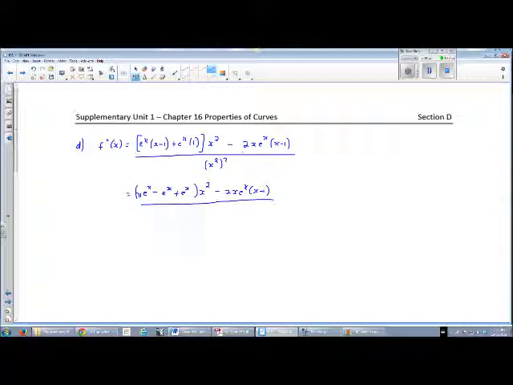And negative e to the x plus e to the x, those cancel. I'll factor a few things out, or I'll simplify things a little bit here. So I'm going to have x cubed e to the x. So I multiply this x times this x squared to get x cubed e to the x. And then I've got negative 2x times x minus 1 e to the x all over x to the power 4.